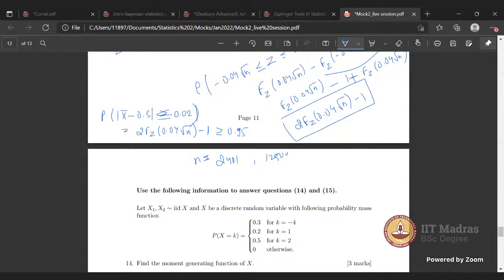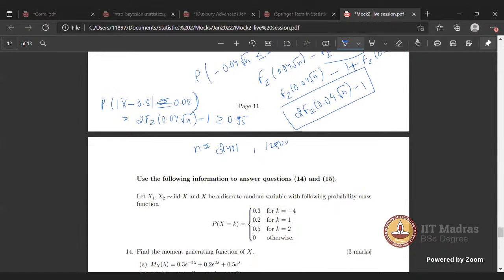So ma'am, here we have to basically do that 0.04 into root n, since it's greater than or equal to 0.95, right? So we have to equate that 0.04 into root n to be 1.96, because of the fz value of that. Yes. Okay.